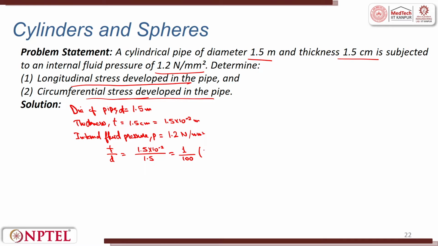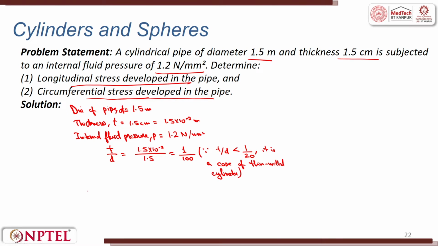So, because t by D is less than 1 by 20, it is a case of thin-walled cylinder. Now here pressure P is given in Newton per millimeter square, and sigma 1 and sigma 2 will also be Newton per millimeter square.